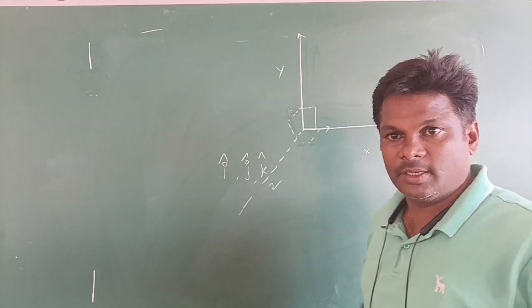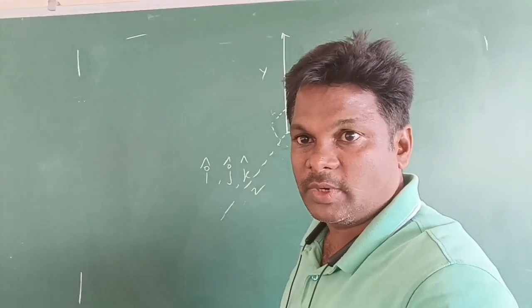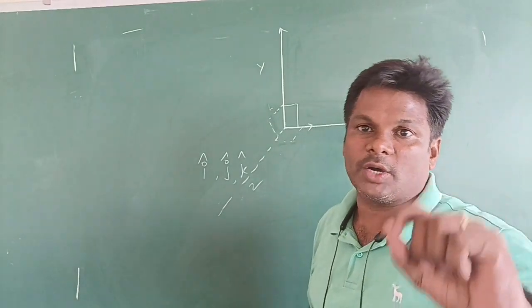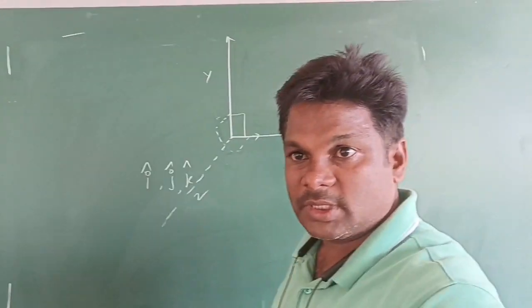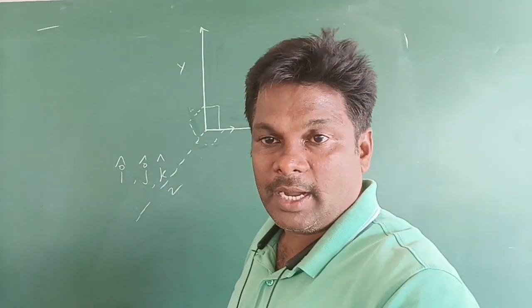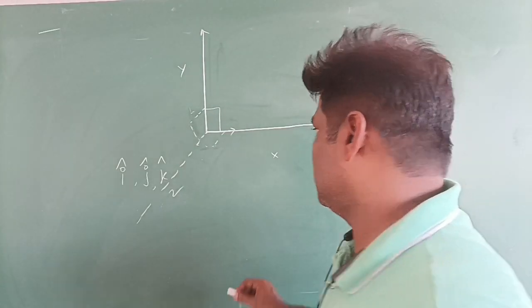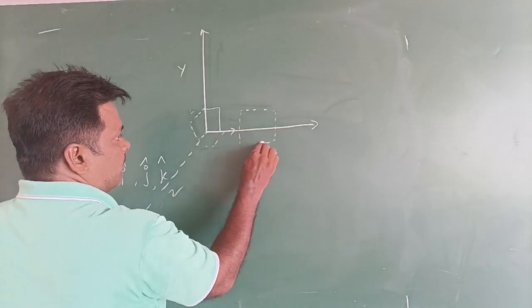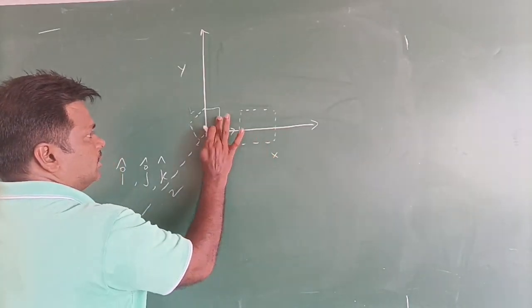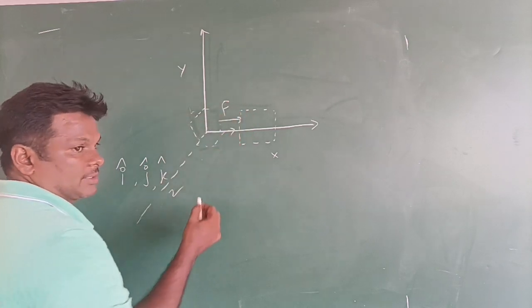Suppose you all know that force is a vector physical quantity, and it is acting horizontally. How can you denote it? Force is a vector physical quantity and it is acting along x-axis. Suppose I have a box here, and on this the force is acting like this.